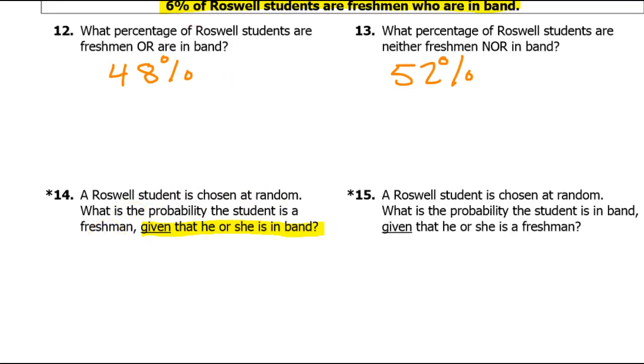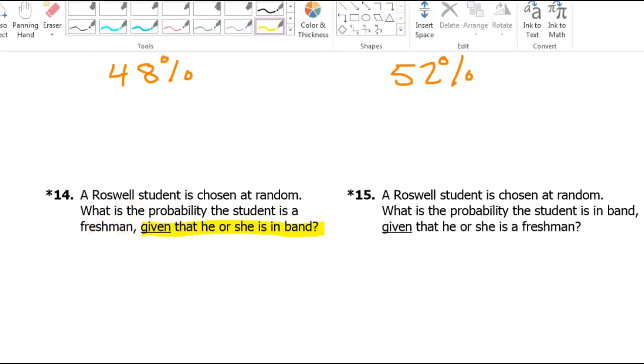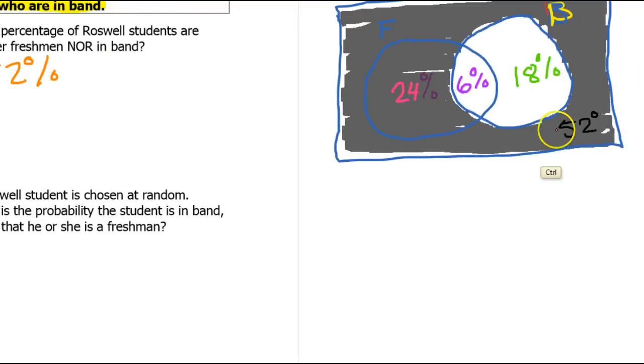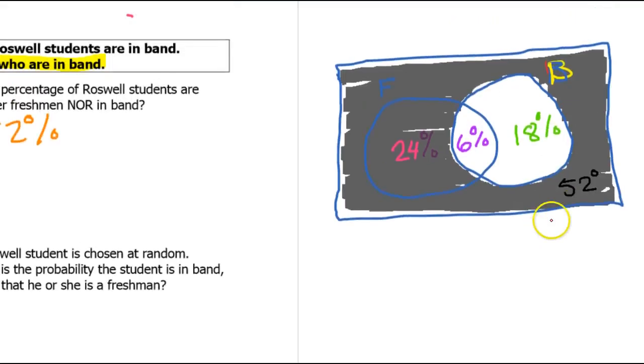So that's the probability that we're about to do right now. Understand that as soon as I see the word probability, I think target over total. But I'm using this new, smaller universe of band people. So in this universe, the total is not 100 anymore.